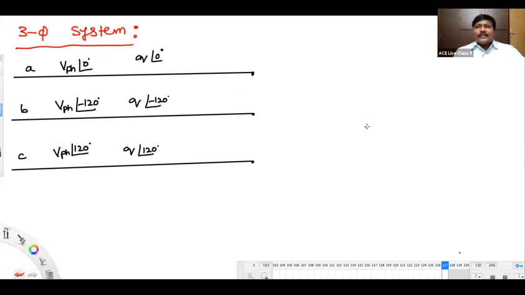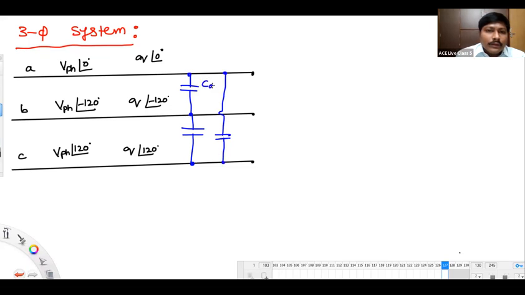Already we discussed in the starting of this chapter that we have some capacitance existing between A and B conductors, B and C, and then C and A. So I'm showing that capacitance here. A to B, B to C, and then from C to A. AB, BC, and this is CA.